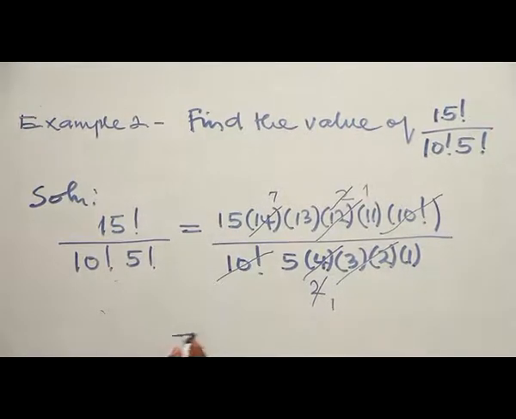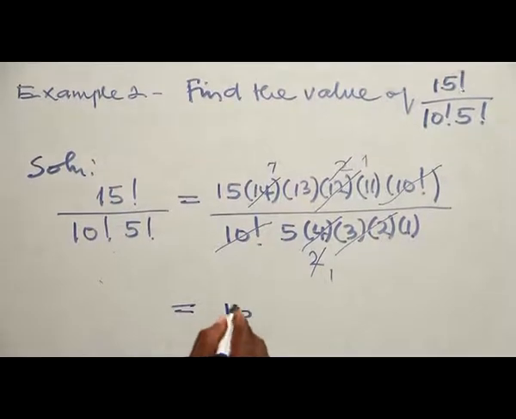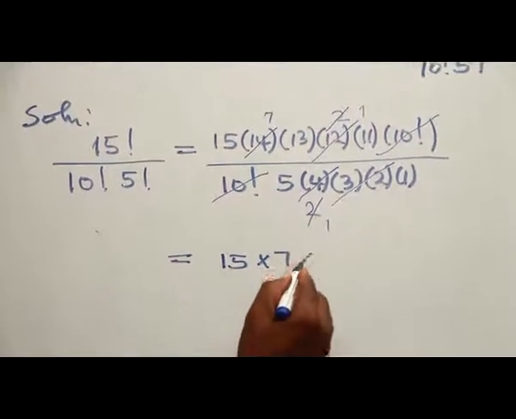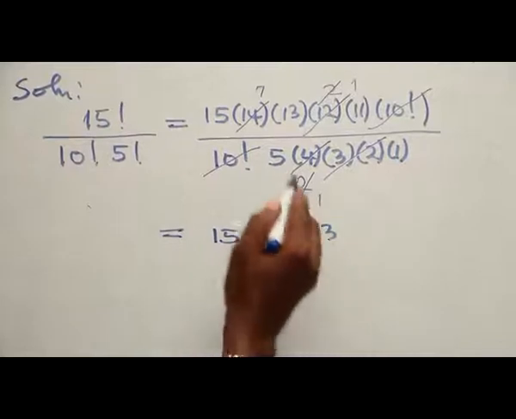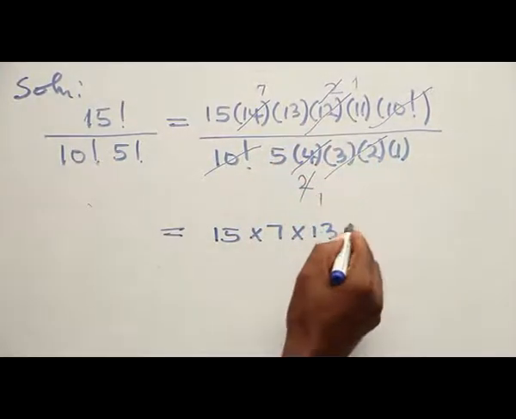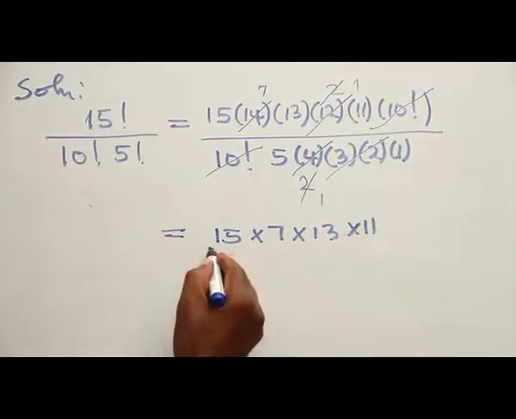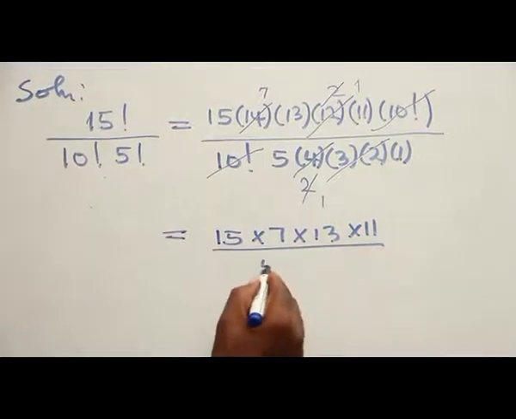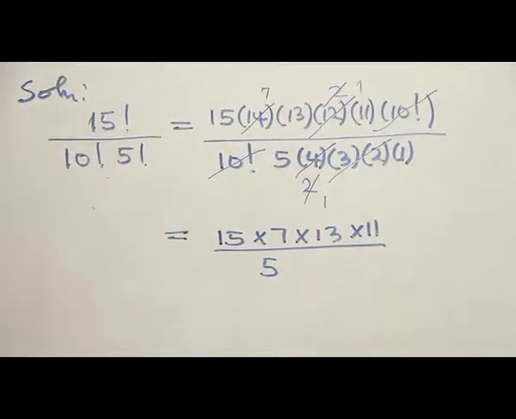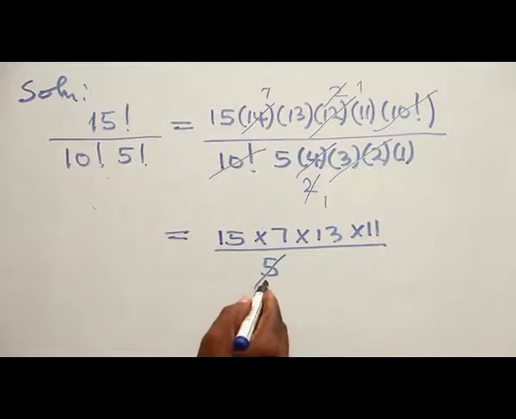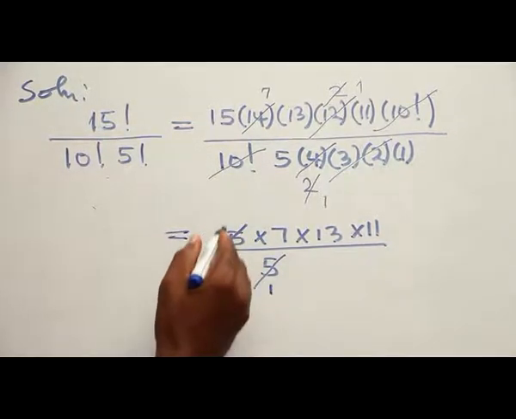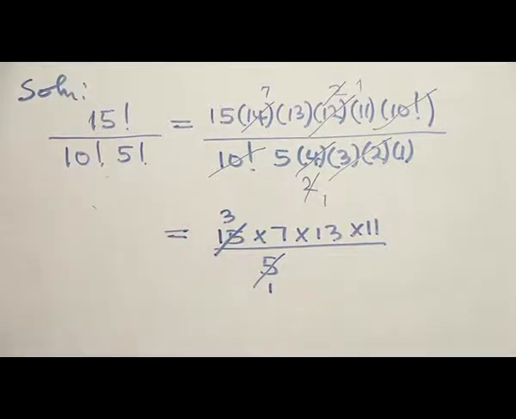So this becomes 15 times 7 times 13 times 11, all over 5. We now realize that 5 cancels 5 to give you 1, and 5 cancels 15 to give you 3.